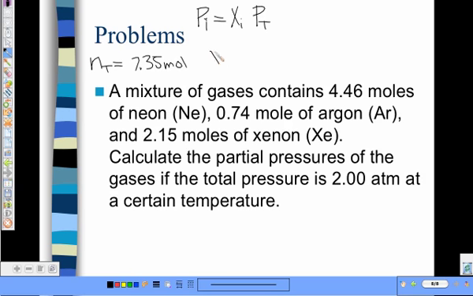So now if I want to find the mole fraction for neon, what would that be? And what is that? Where's the n in that first equation? I don't understand.